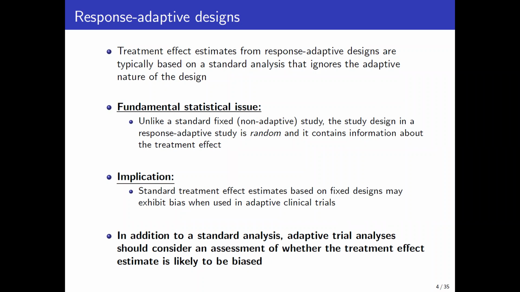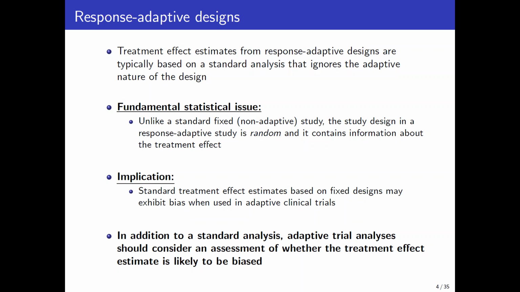And more than that, it's a random variable that has a distribution that depends on the actual treatment effect. So the design that we end up with in the end is actually informative about the treatment effect. And the implication of that is that standard treatment effects from adaptive clinical trials can potentially exhibit bias.